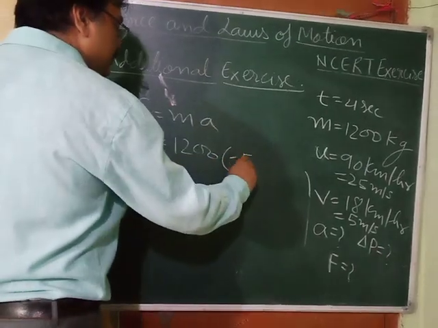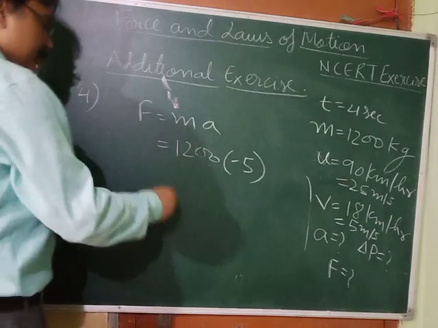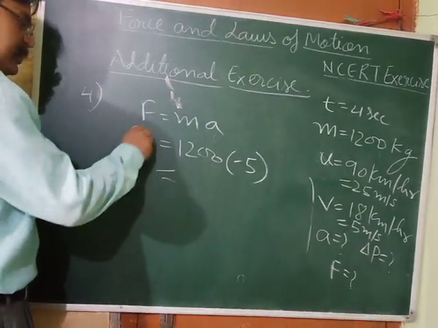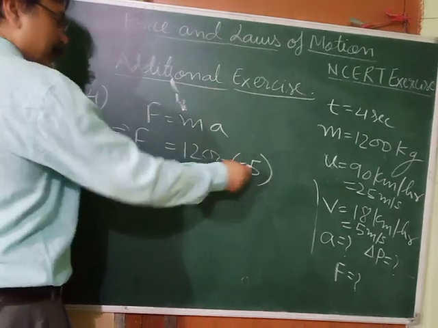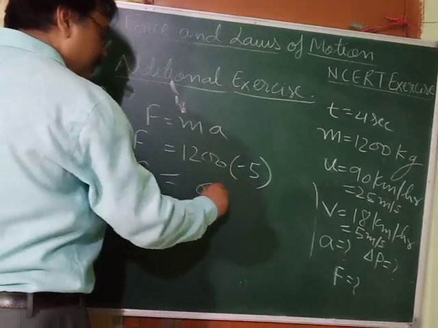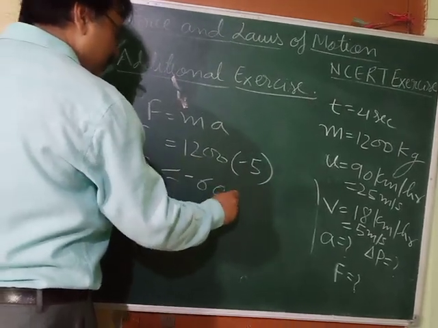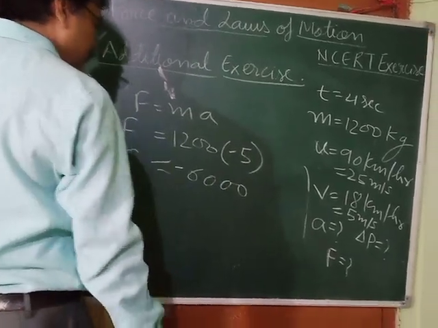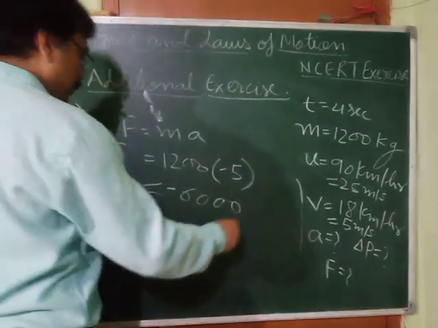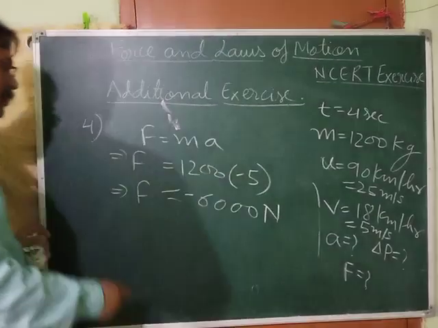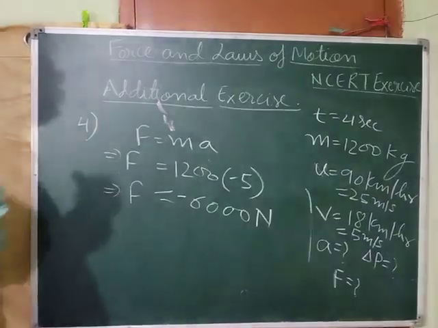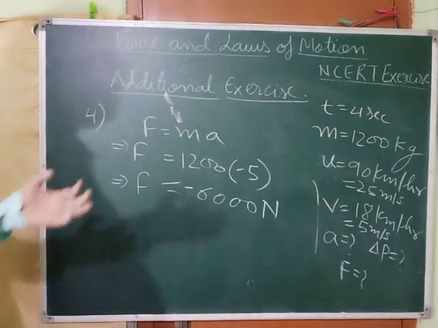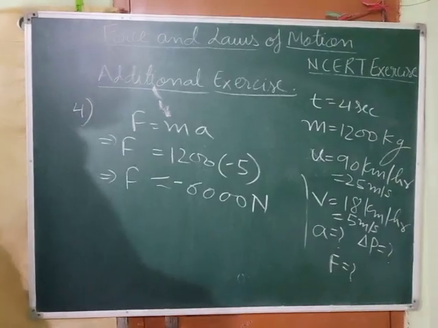Acceleration is minus 5 meter per second square, already calculated in the first part. We can multiply this: 12 fives are 60, minus is also there, and this double 0. So minus 6000 Newton force is acting. The minus sign indicates that this force is acting in the direction opposite to the motion of the body, and that's why the body slows down. Clear?